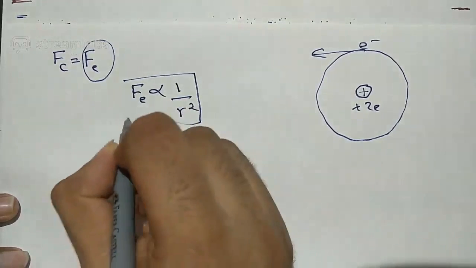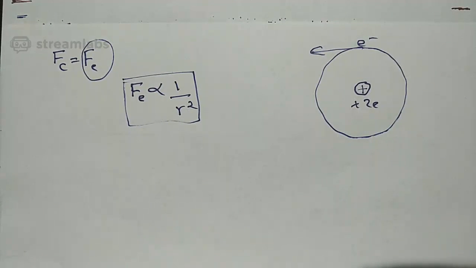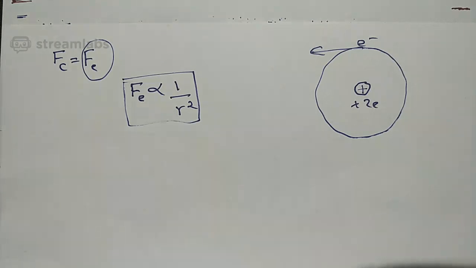That is a known fact from the inverse square law, from the basic Coulomb's law of electric charges and fields. Based on this only we have derived all those relations for radius, velocity, energy.